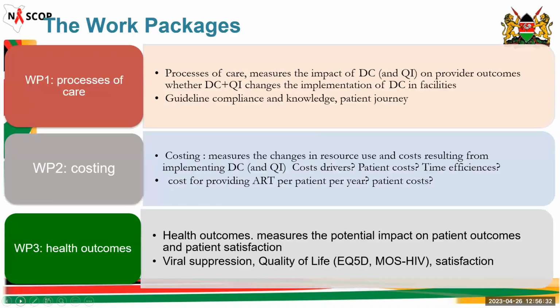So in the arrangement of the evaluation process, we had 3 work streams that we looked at. The first was issues around processes of care. Maureen described the organizational changes that the facilities planned around to improve their process of care and uptake of DC.